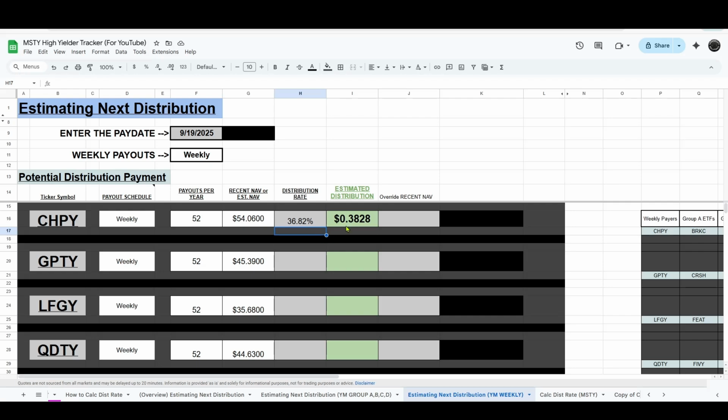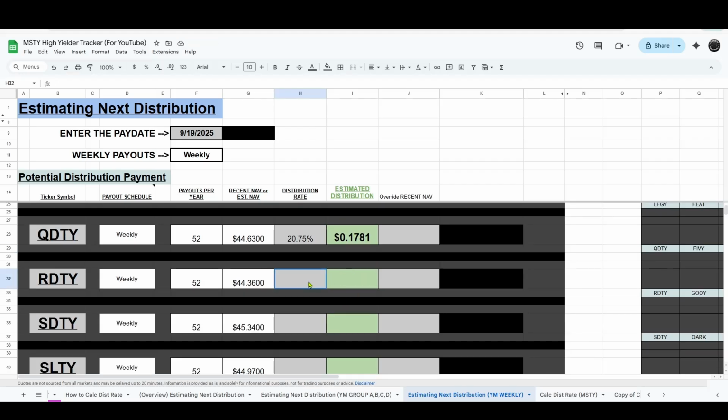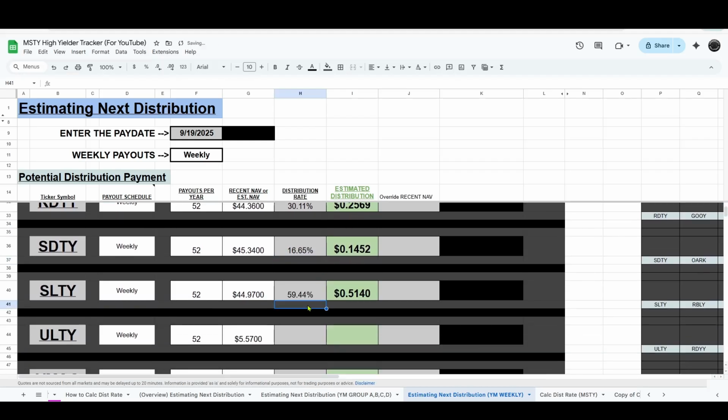I'm guesstimating about 38 cents. GPTY, 29 cents. LFGY with 37 cents. QDTY with 17 cents. RDTY with 25 cents. SDTY with 14 cents. SLTY, I'm guesstimating about 51 cents.